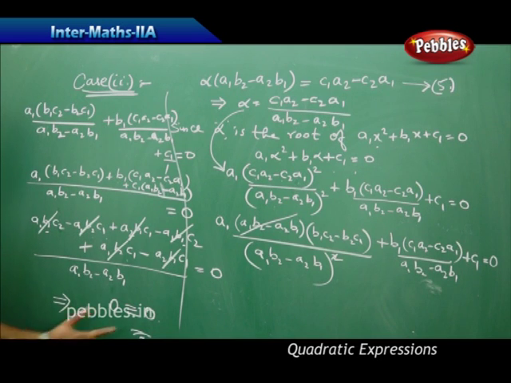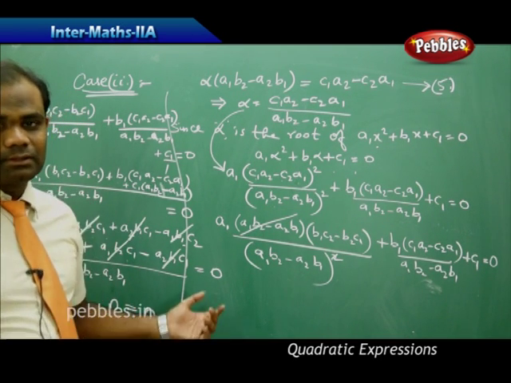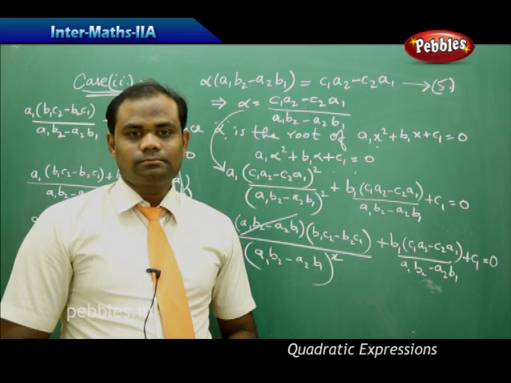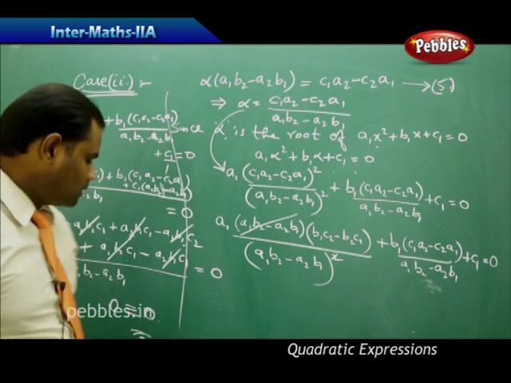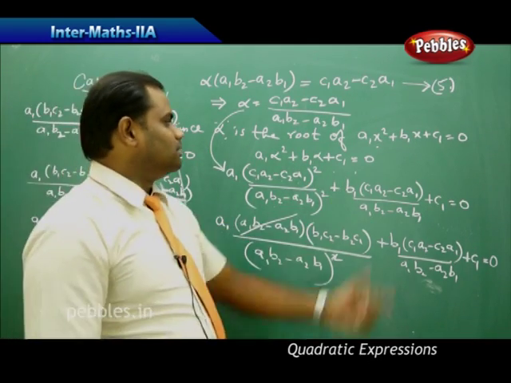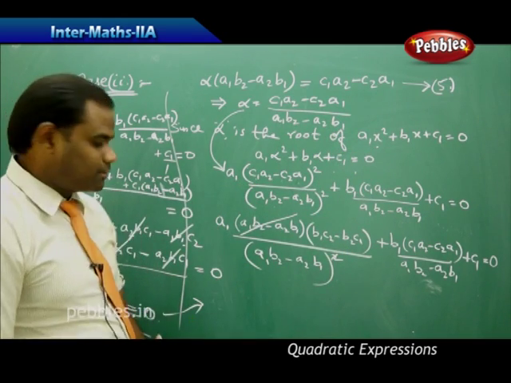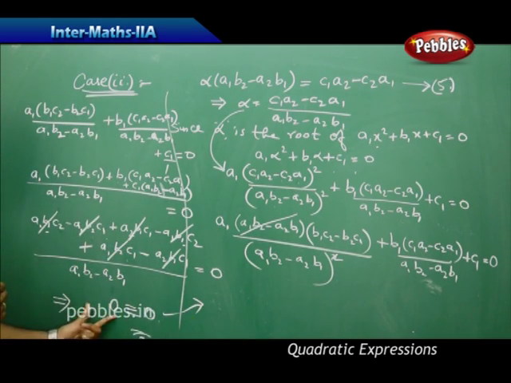That means what we have got is the correct root. So from here I can say that when I substitute, alpha will be the root, because if I assume that alpha is the root of the quadratic expression, then I get identically 0 equal to 0.